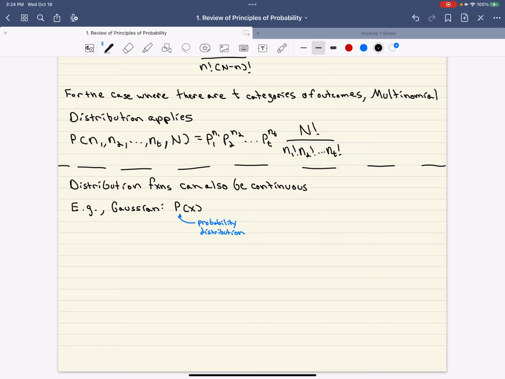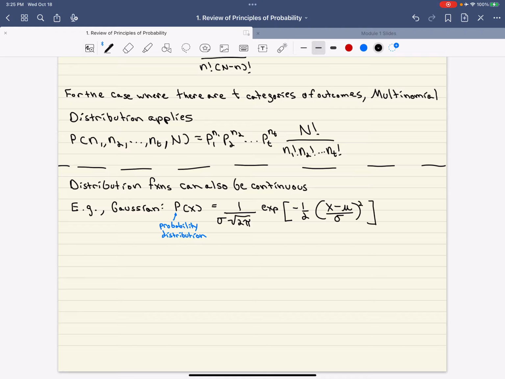Okay. So this probability distribution would be equal to this: 1 over sigma square root of 2 pi, times the exponential of minus 1/2 times (x minus mu) divided by sigma, squared.